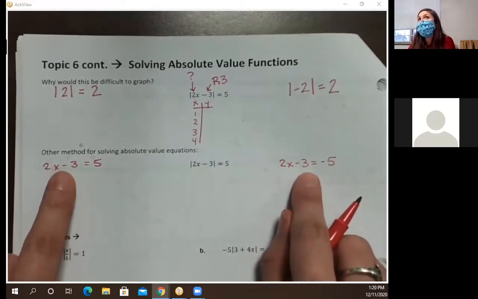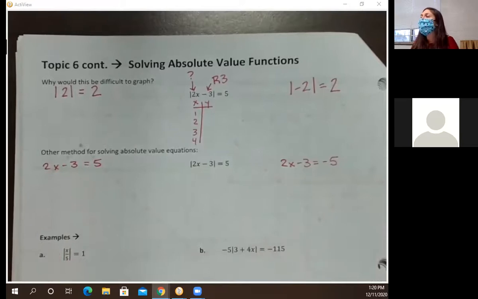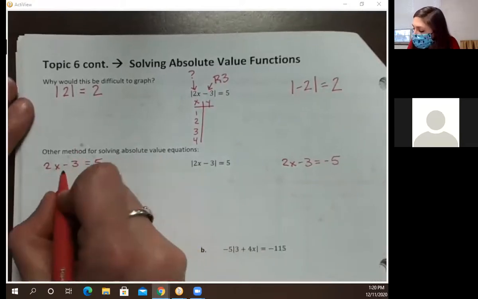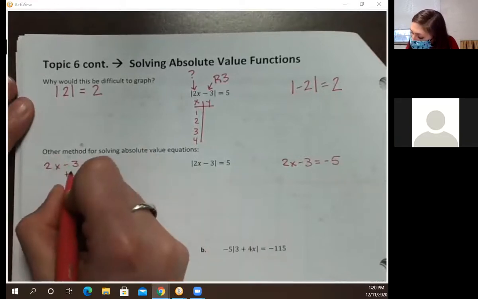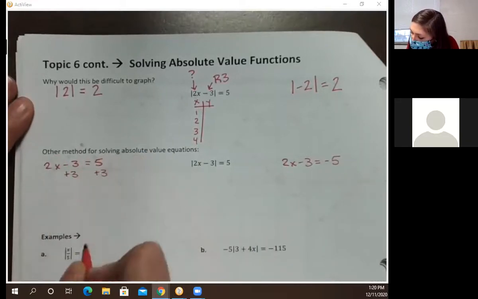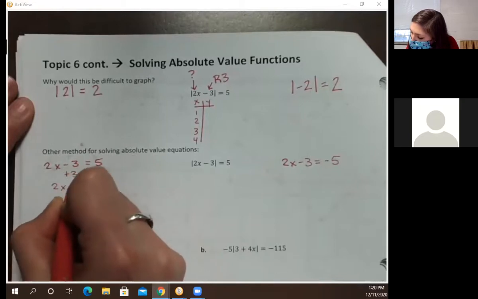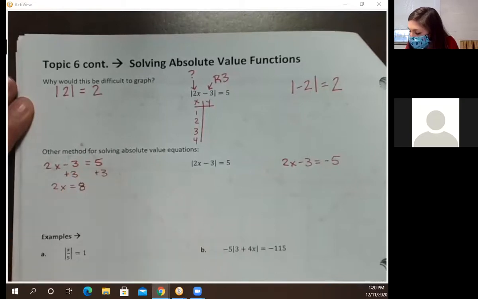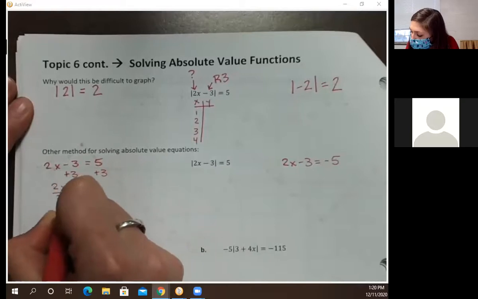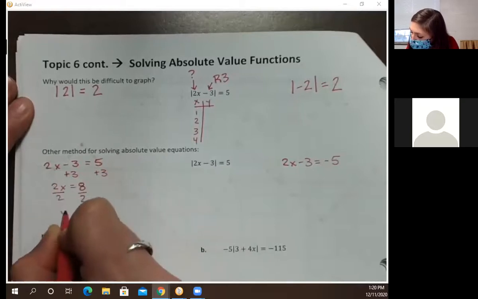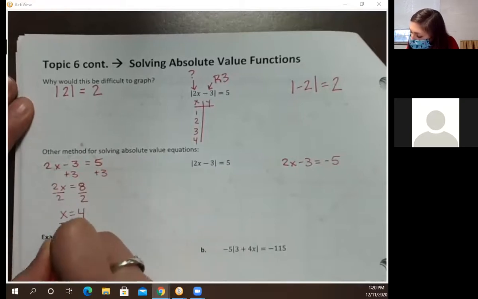From here, we're going to solve each of these the same way we would solve a regular linear equation. Okay, we're going to get x by itself. So over here on the left, I'm going to start by adding 3 to both sides. So I get 2x equals 8. Then I'll divide both sides by 2 to get x by itself. And we get x to be 4.